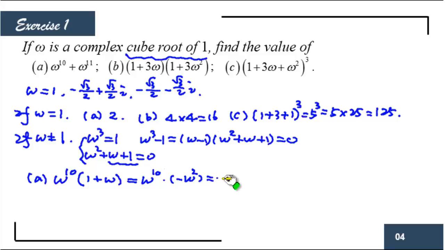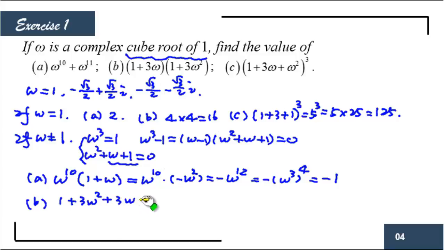That means negative omega to the 12th power, which is omega cubed to the 4th power. That means minus 1. The second one, we can expand it, and it will be 1 plus 3 omega squared plus 3 omega plus 9 omega cubed.